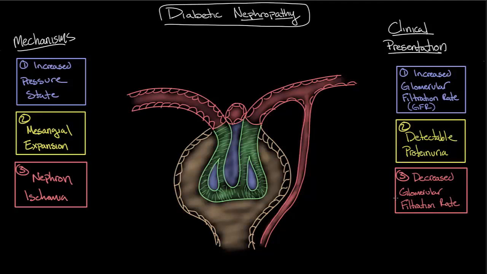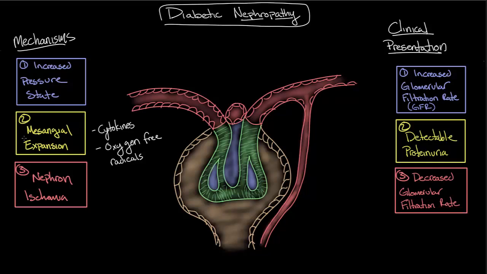So what exactly causes this? Well, recall that part of the reason for this mesangial expansion is the release of cytokines, which cause inflammation, and oxygen-free radicals. Now, these cytokines and oxygen-free radicals damage the mesangium, resulting in the mesangial expansion.